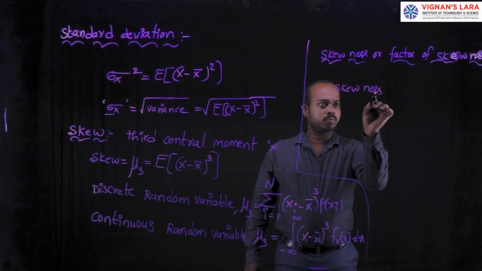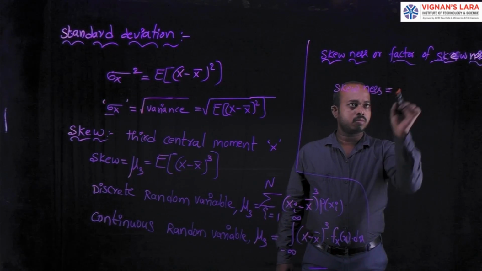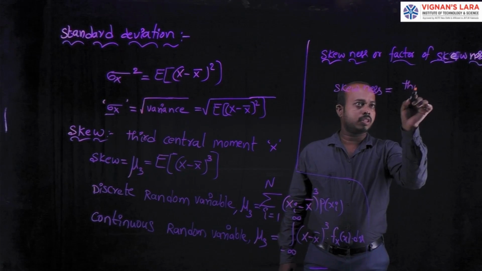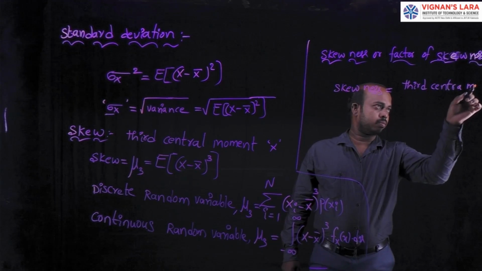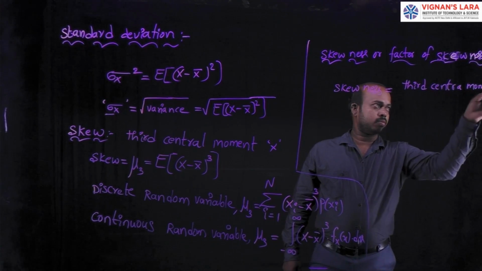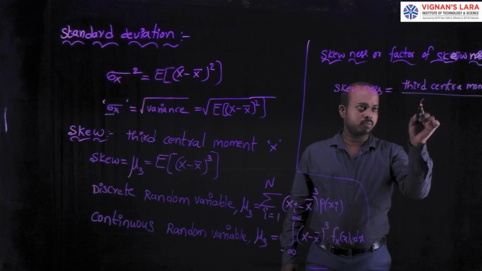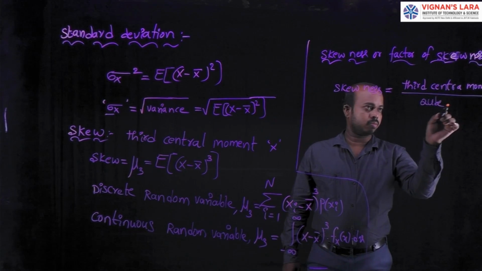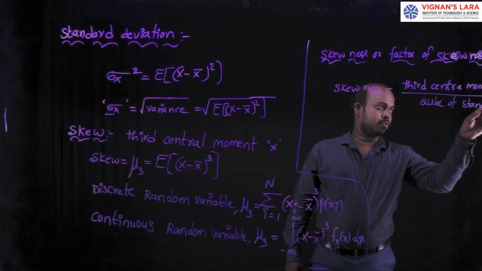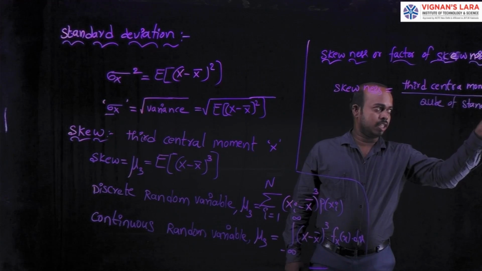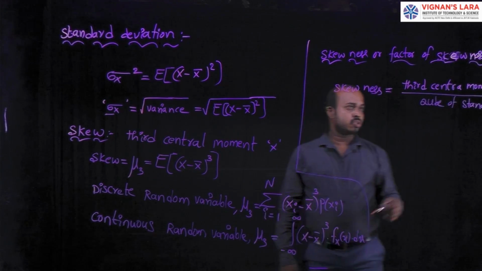Skewness is equal to the third central moment divided by the cube of standard deviation. This is the basic definition for skewness.